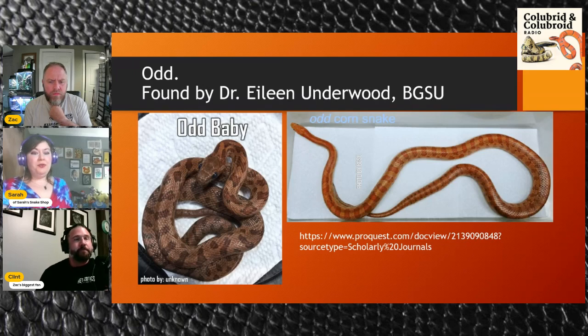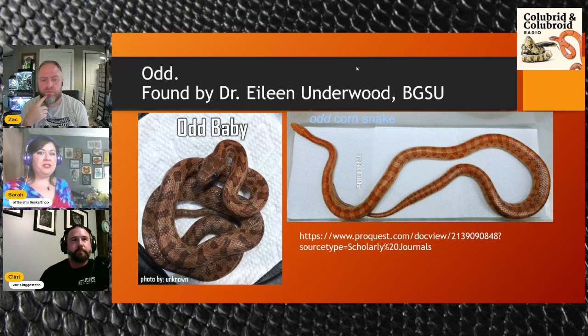A lot of people thought that originally, but there's no known interbreeding, no interspecies crosses, in BGSU's program. They've only ever had corn snakes in this program and bred corn snakes together. And there was a decent amount of inbreeding going on. And so something broke, and this is what we got.